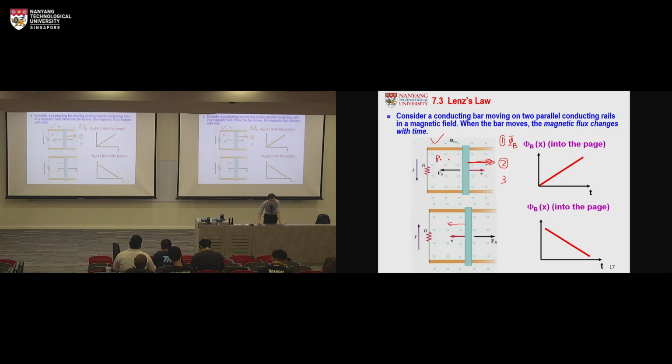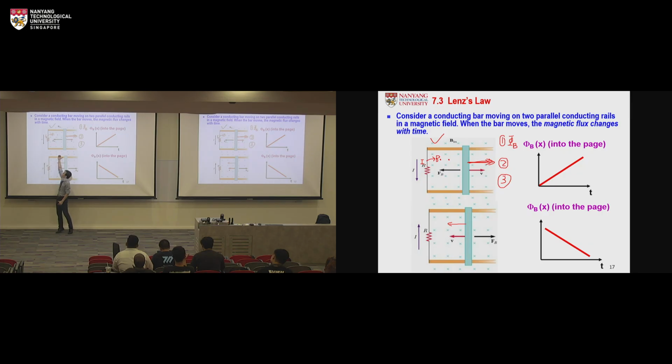And step 3 is what kind of I will give you this B, right? Typically there are always just 2 options, let's say up, down, left, clockwise, anti-clockwise. Like in this case, if you want to have B pointing out of the page, then if you look at this wire, the current should be this direction.